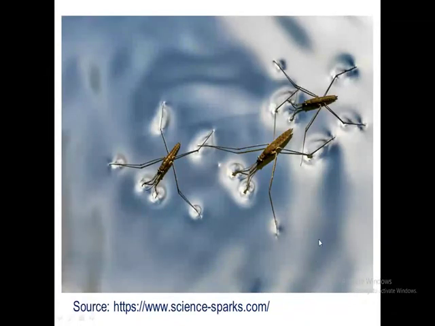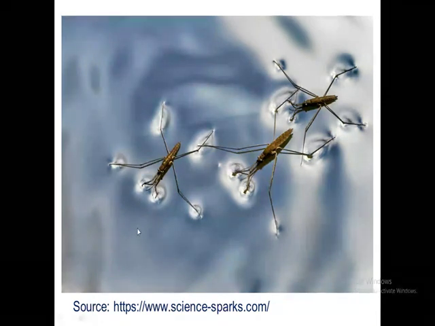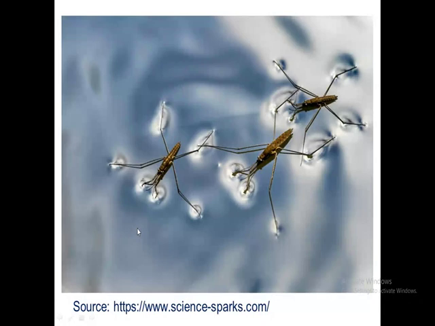Since it acts like a stretched elastic membrane, the bugs can easily walk on the surface of a liquid. Why does it behave like a stretched elastic membrane? Because the liquid tries to have minimum surface area. As a result, it behaves like a stretched elastic membrane, and therefore the bugs can easily walk on the liquid surface.